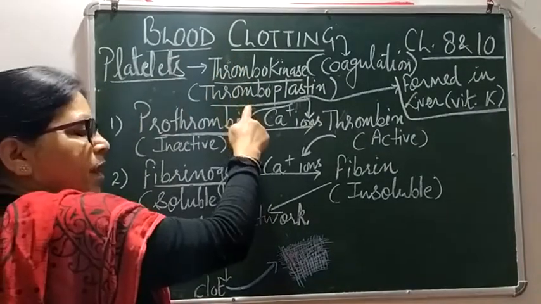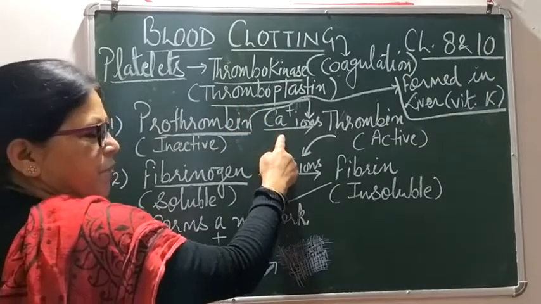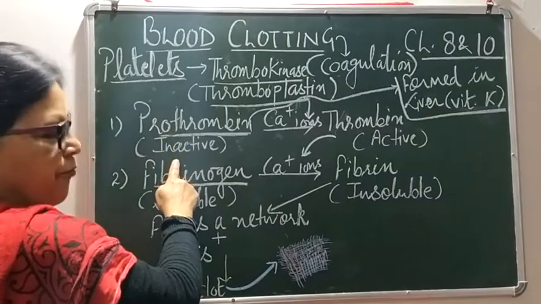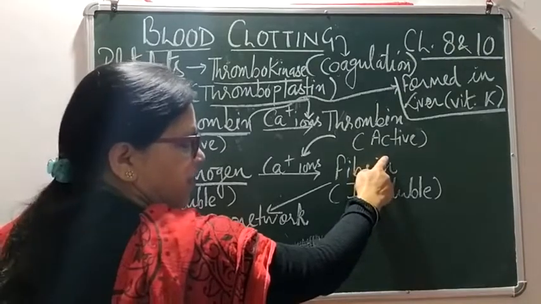This substance will initiate the process of blood clotting. It will act as an enzyme and help in the conversion of prothrombin, which is the inactive form. So first, thrombokinase or thromboplastin is released by platelets as well as injured cells. Acting as an enzyme, in the presence of calcium ions, prothrombin, the inactive form, will be converted into thrombin, the active form.